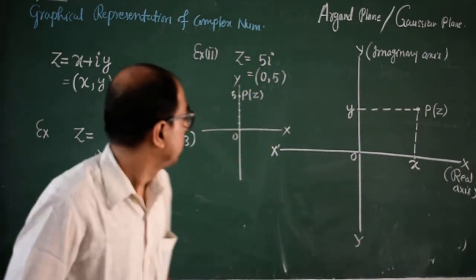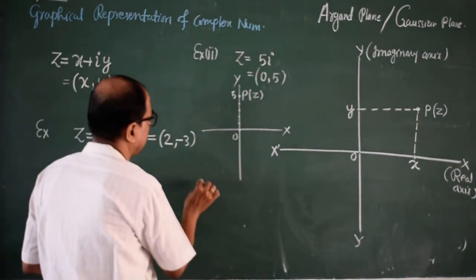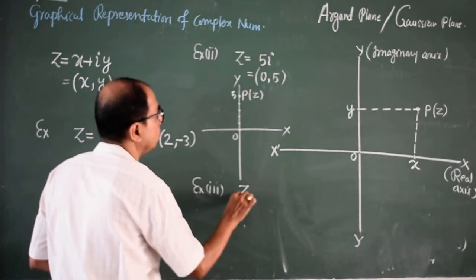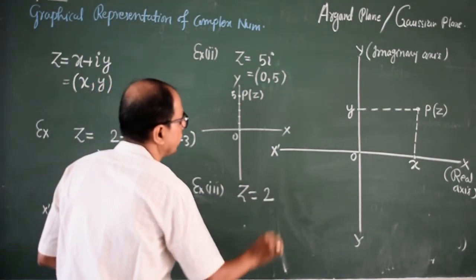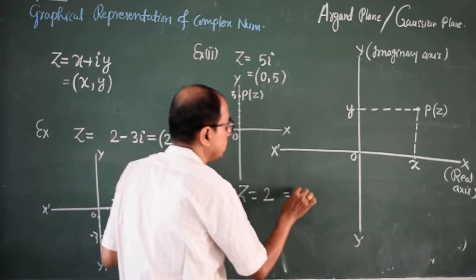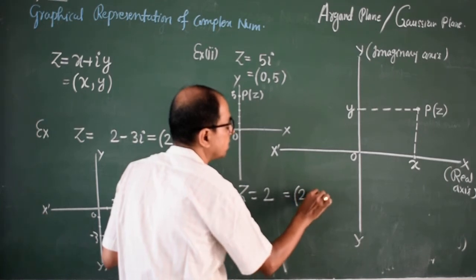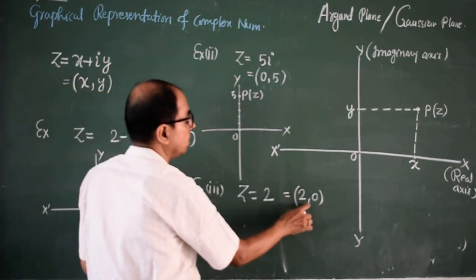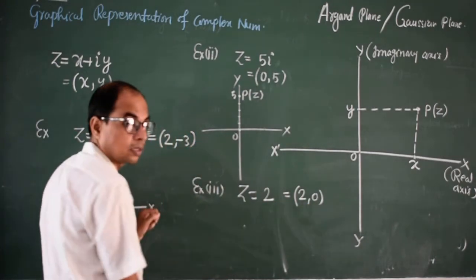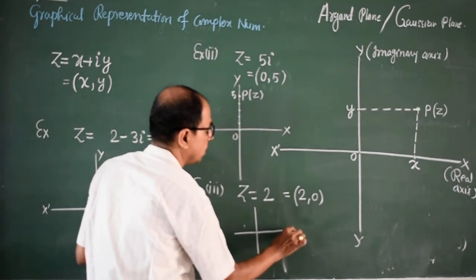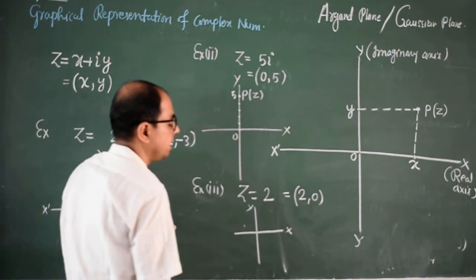Clear? Now similarly, suppose we have to plot the complex number z equal to only 2. In ordered pair form, it can be written as: its real part is 2 and imaginary part is 0. So this point will represent this complex number. So to plot it, this is the real axis, imaginary axis.